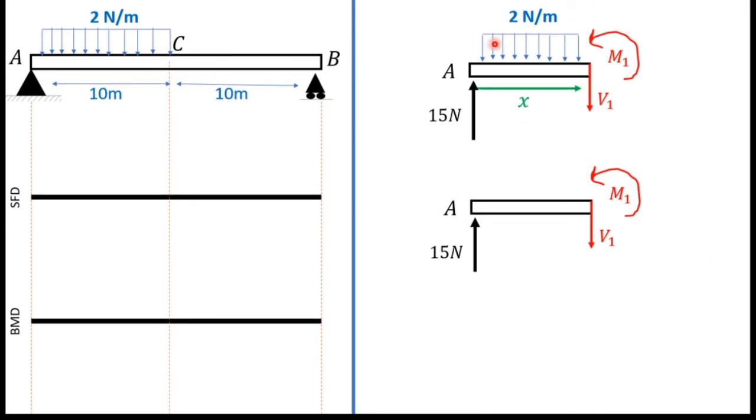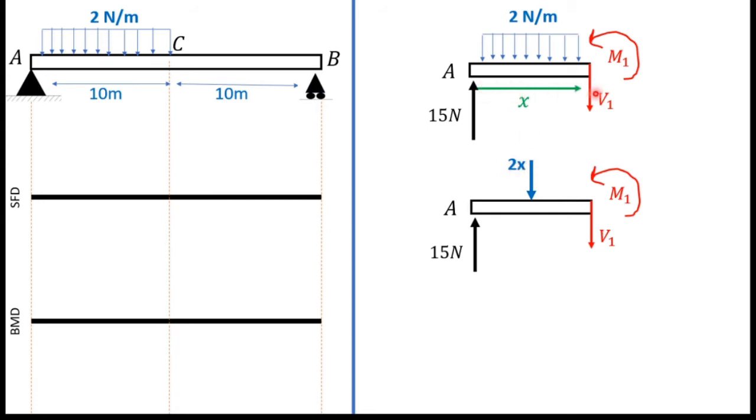Here also I can't deal with this distributed load like this. So I have to write the resultant force of this distributed load. So this is the resultant force. Magnitude of distributed load is 2 and this length is X. So resultant force is 2X, and this force acts at the middle of this small part of beam.